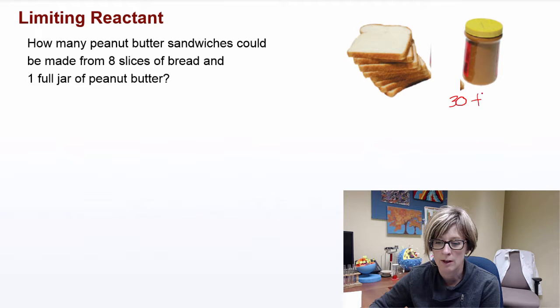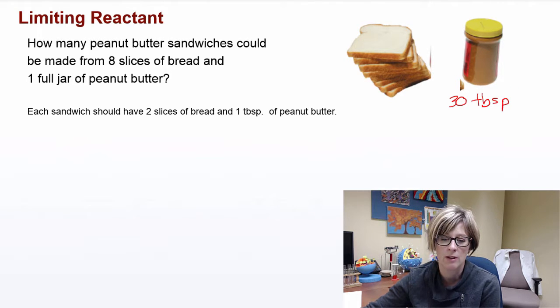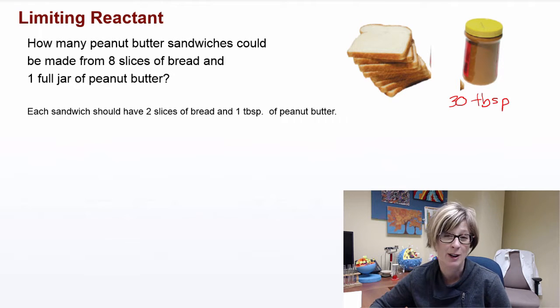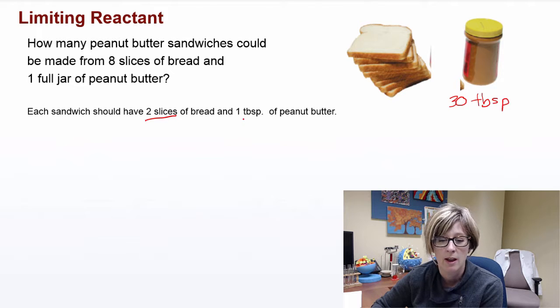So how much would we need of each of these to make 1 peanut butter sandwich? That's basically like our chemical equation telling us how many we need of each thing. So each sandwich should have 2 slices of bread and then 1 tablespoon of peanut butter.